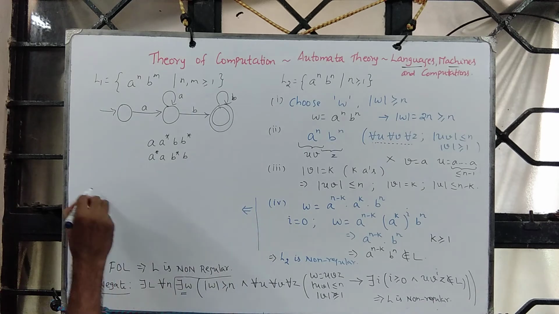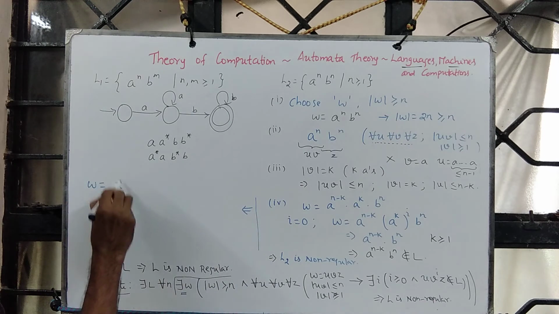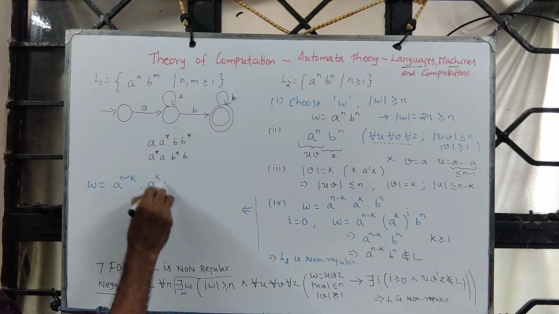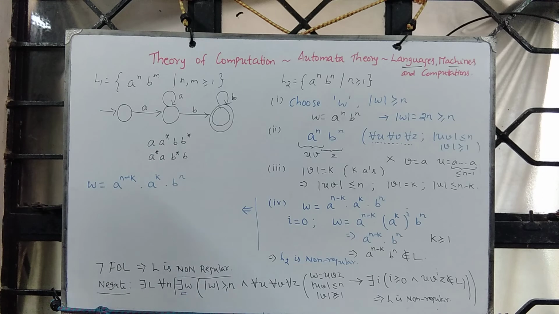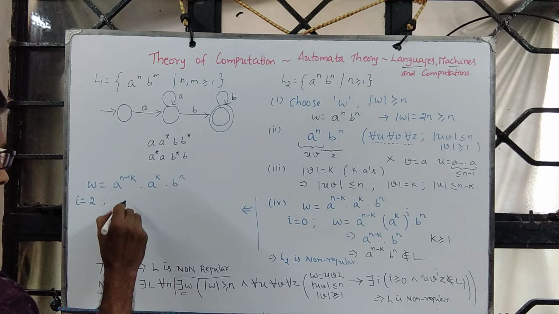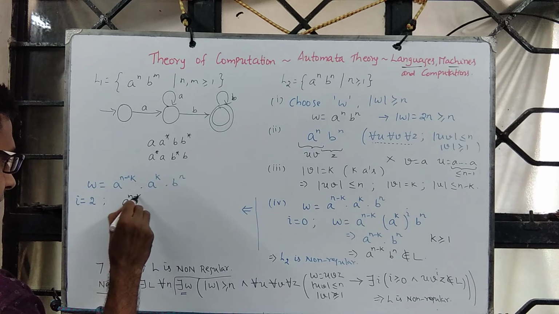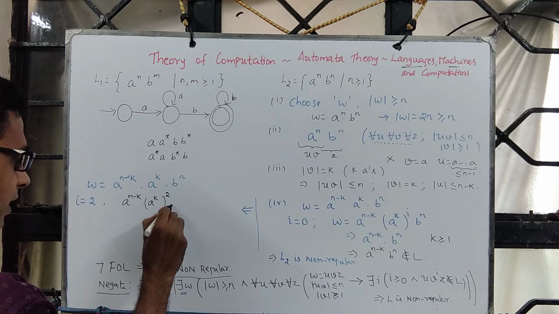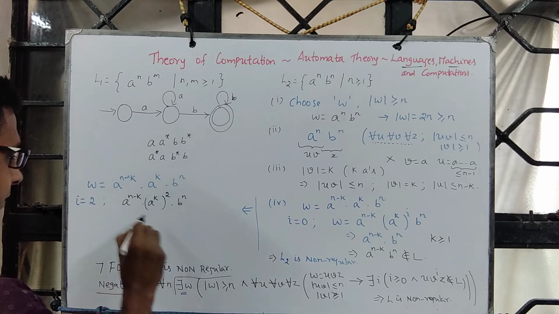For example, when we know w is a power n minus k, a power k times b power n, choose i to be say 2. If you choose i to be 2, then we get a power n minus k and a^k squared times b power n.